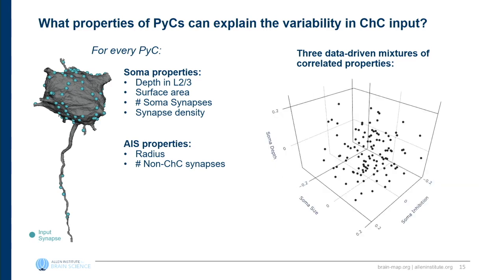So for every pyramidal neuron, we can use this components analysis to basically make 3 numbers, one giving an indication of how big the cell is in size, one giving how much inhibition that cell is receiving, and one where the cell is in depth within layer 2-3.